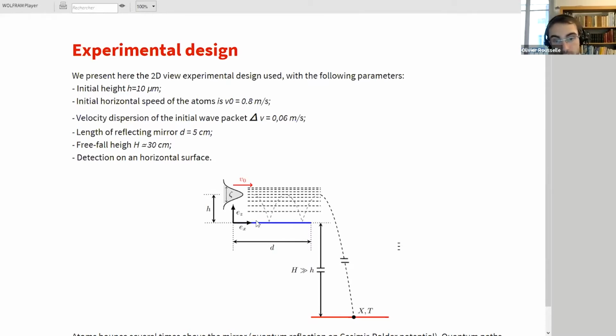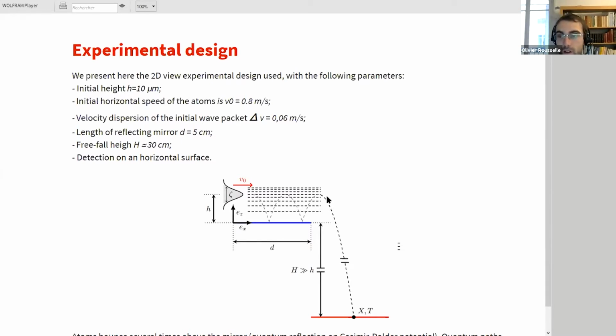In blue, you can see that there is a mirror. It is considered as a perfect mirror for the reflection. The anti-atom will bounce on this mirror, which has a length of about 5 centimeters. So you will have a quantum bounce.